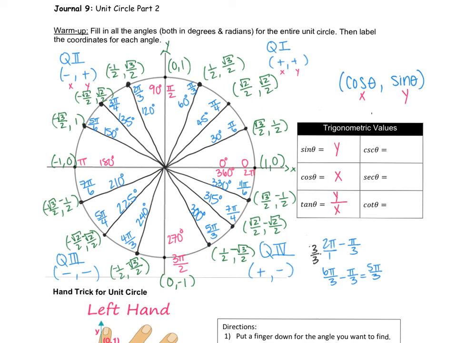y over x. And the reason why this is the case, I'll try to show you guys, if we think about a right triangle just anywhere, like I'll pick this spot right here. You don't have to draw this part on your sheet of paper.